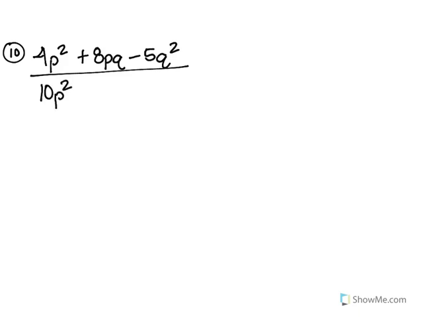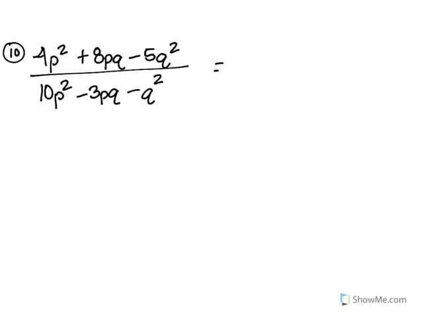Number 10, 4p squared plus 8pq minus 5q squared over 10p squared minus 3pq minus q squared. This is nothing but factoring trinomials. Now you have a lot of variables going on.